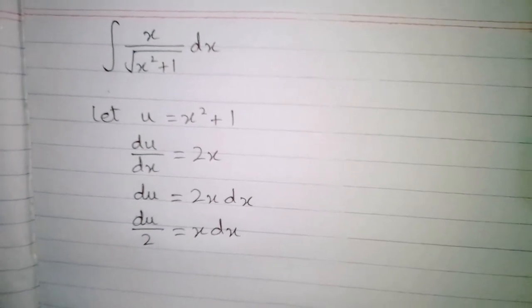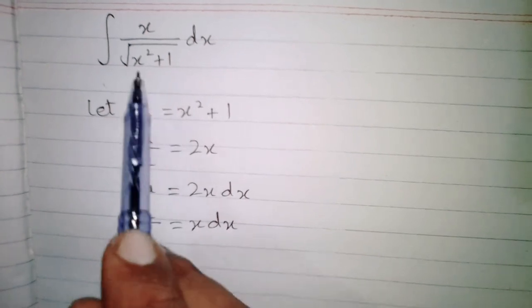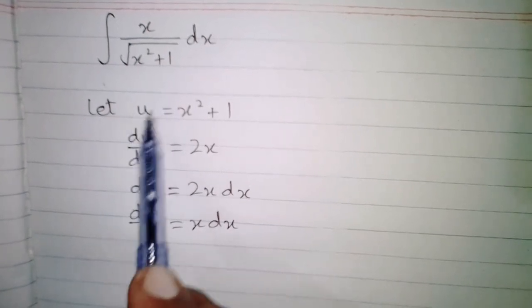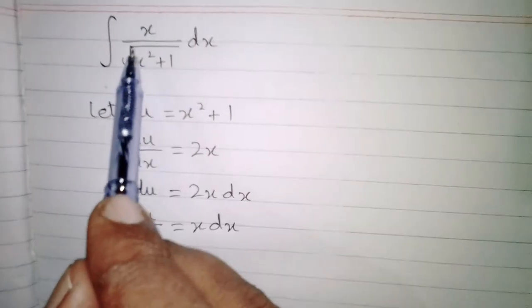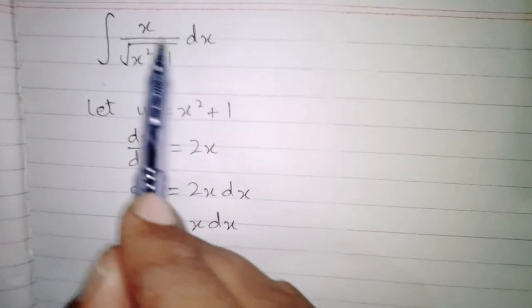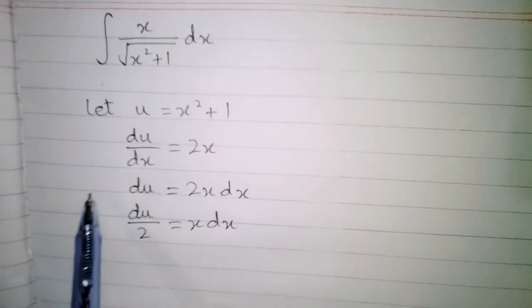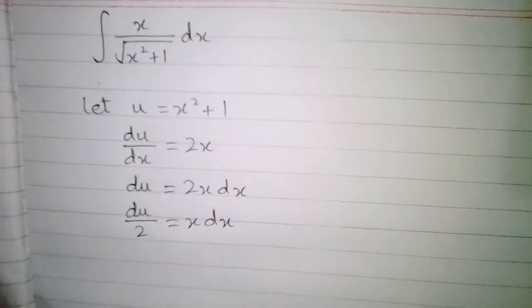Now we can put u in place of x square plus 1, and we can see that we have x dx over here, so that we can put du upon 2 in place of x dx.